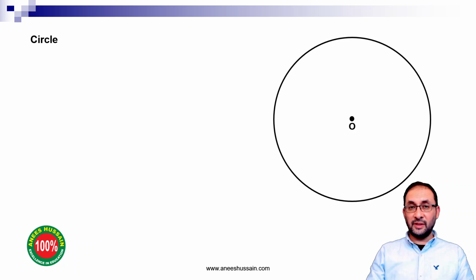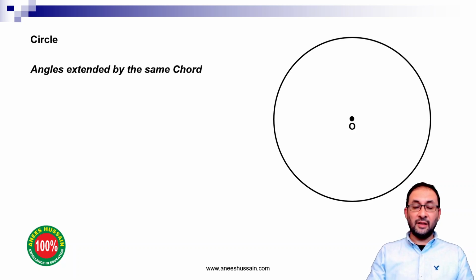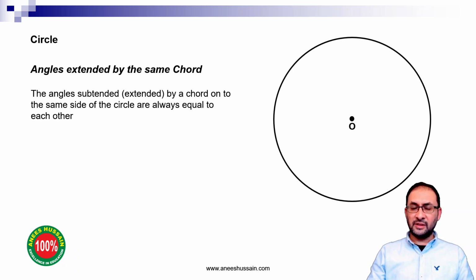The next important thing that you need to understand is the angles subtended by the same chord. Now remember, when angles are subtended by the same chord onto the same side of the circumference, on the same side of the circle, those angles have the same measure.